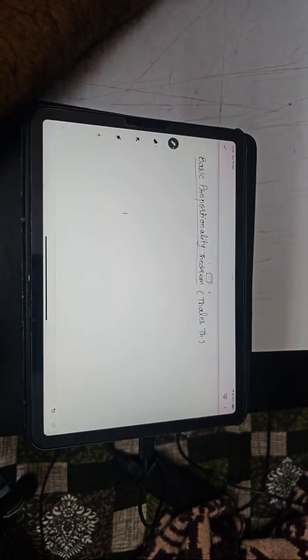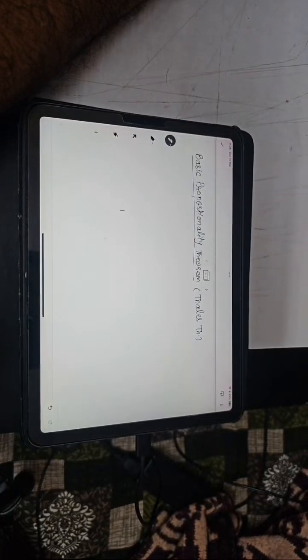Now see, what does the theorem say? First I am writing the statement and then explaining.